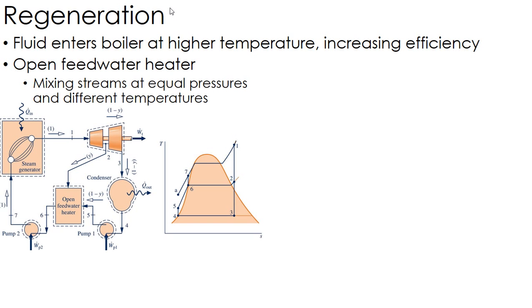One is an open feed water heater, where we pull off some fluid from a two-stage turbine. So it goes through part of the turbine, then we pull some percentage off and dump it into a heater where another stream is coming in. Those streams mix and meet at some intermediate temperature that is then put into the boiler.